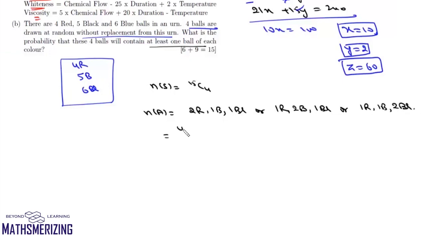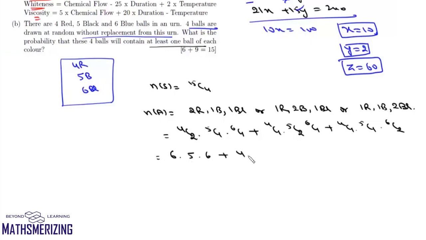Now 2 red will be simply 4C2, 1 black 5C1 and 1 blue 6C1, plus 4C1, 5C2, 6C1, plus 4C1 into 5C1 into 6C2. Now 4C2 is 6, 5C1 is 5 and 6C1 is 6. Now 4C1 is 4, 5C2 is 10 and 6C1 is 6, plus 4C1 is 4, 5C1 is 5 and 6C2 is 15. We can take 60 common.